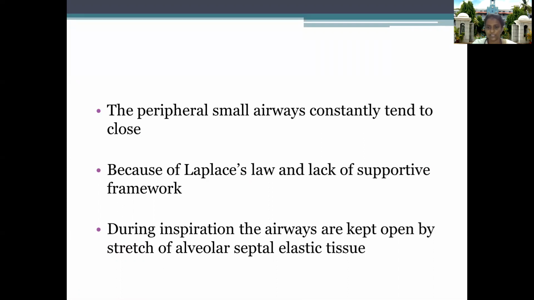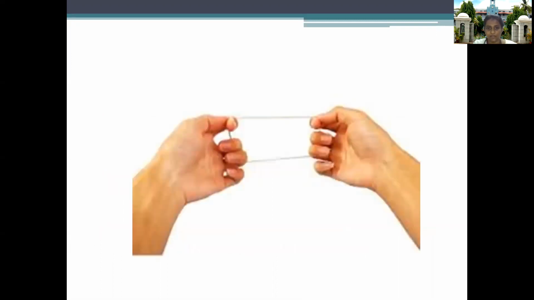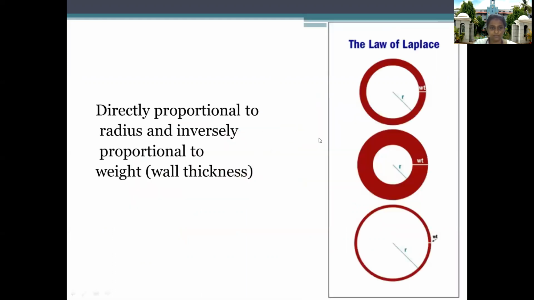However, during expiration, the alveolar septa stop pulling at the alveoli, and gradually, as the air moves out of the lung, the airways grow smaller and smaller and finally collapse on themselves. So it is like an elastic rubber band, and the alveolar septa are like the hands that keep the airways open.